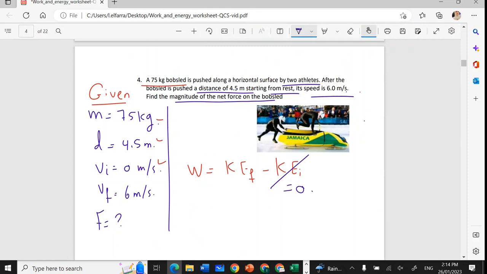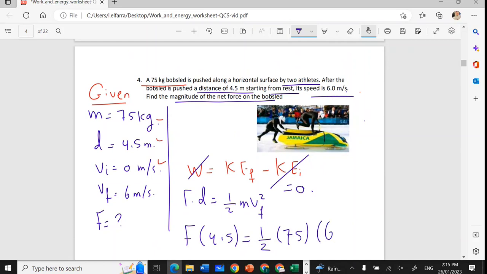How can I find W? W is force times distance. This will equal half m v final square. Now the value of F, we don't have it. Distance or displacement is 4.5 equals half m, 75, and the final velocity is 6 square.